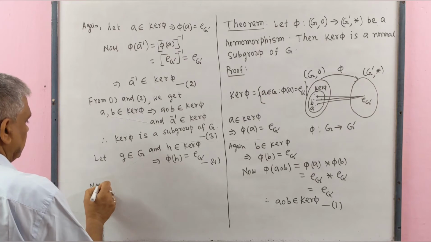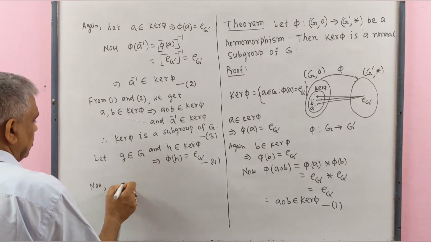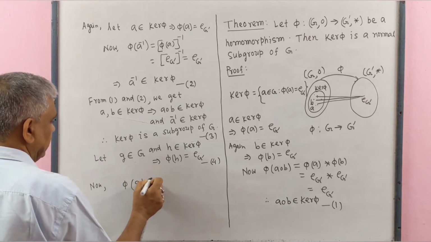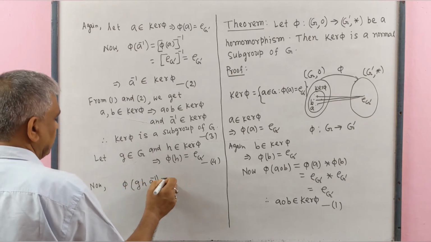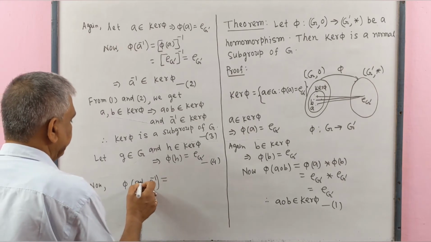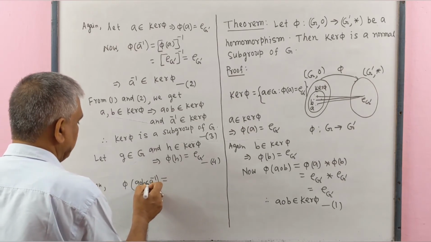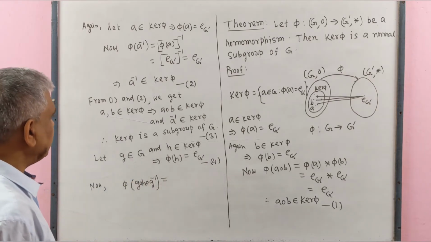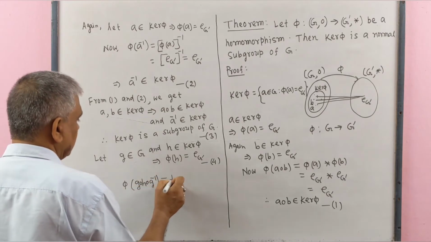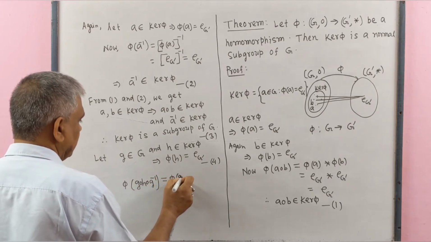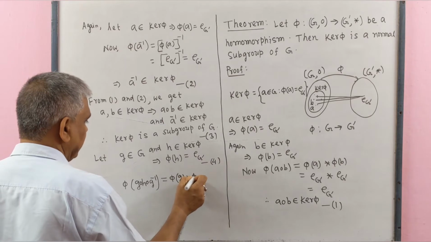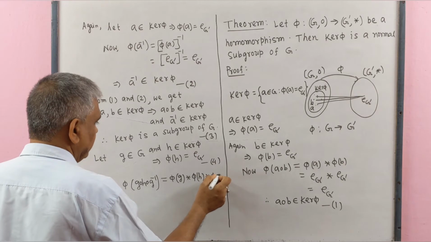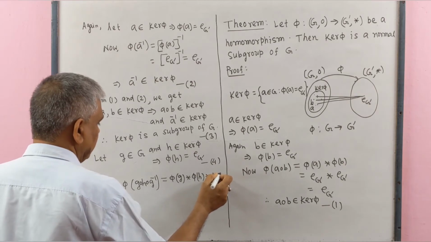Now, phi(g h g inverse) equals, here we have the binary operation. Since phi is a homomorphism, this equals phi(g) star phi(h) star phi(g inverse).